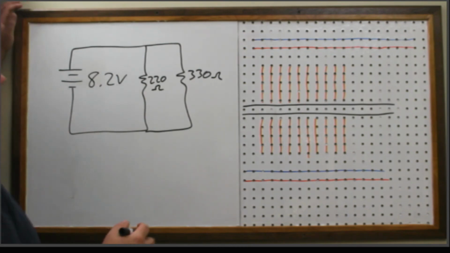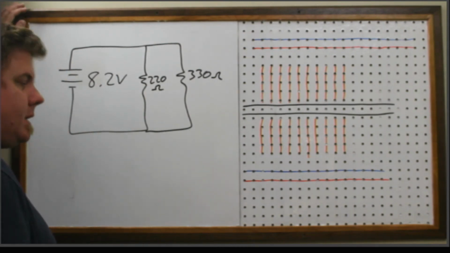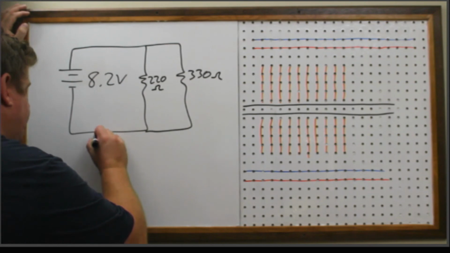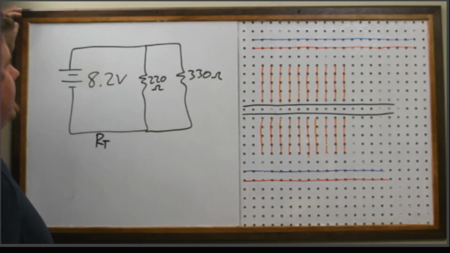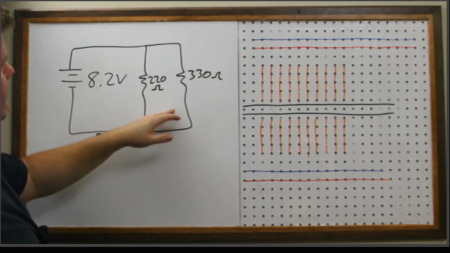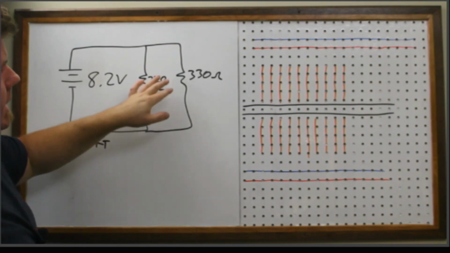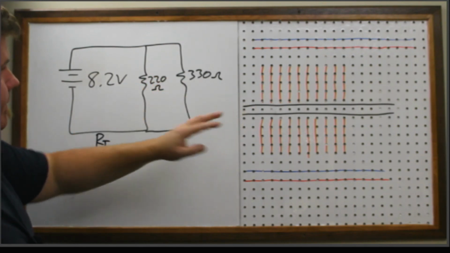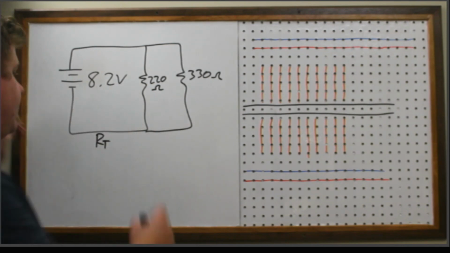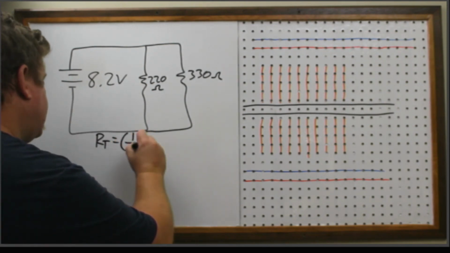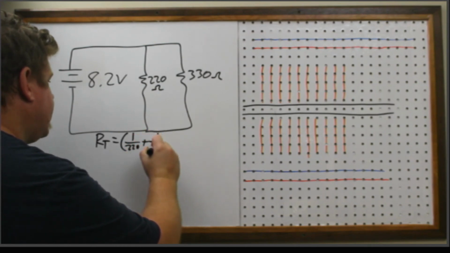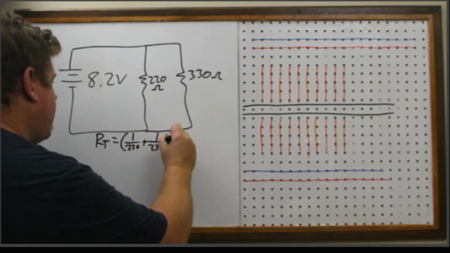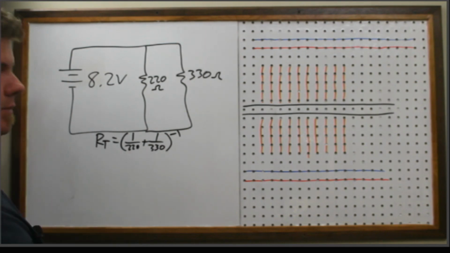So anyway, you know from our parallel discussion that if we want to find the total resistance in our circuit here, all of these are wired in parallel, and so whether I had 2 of these in parallel or 15 of them in parallel, I use the same equation every time, and that's just to take each one, 1 over the value, so 1 over 220 plus 1 over 330, take the whole quantity to the -1, and I explain where that comes from in the parallel video.